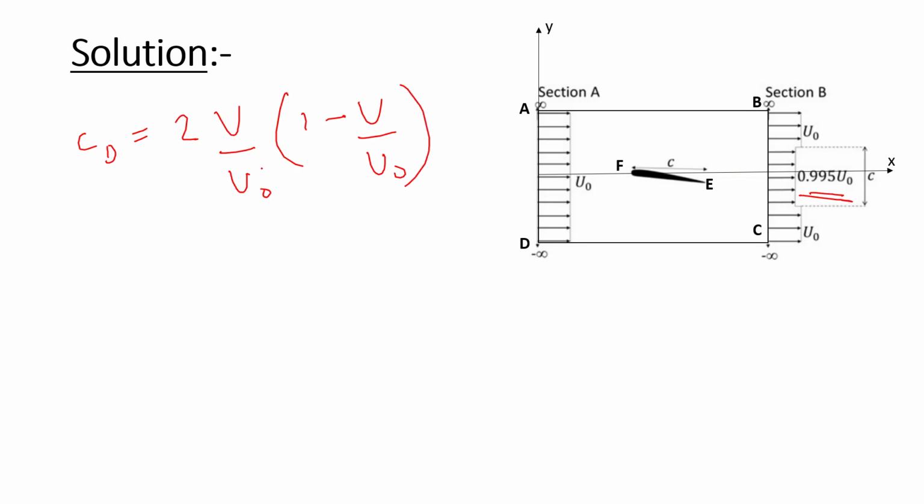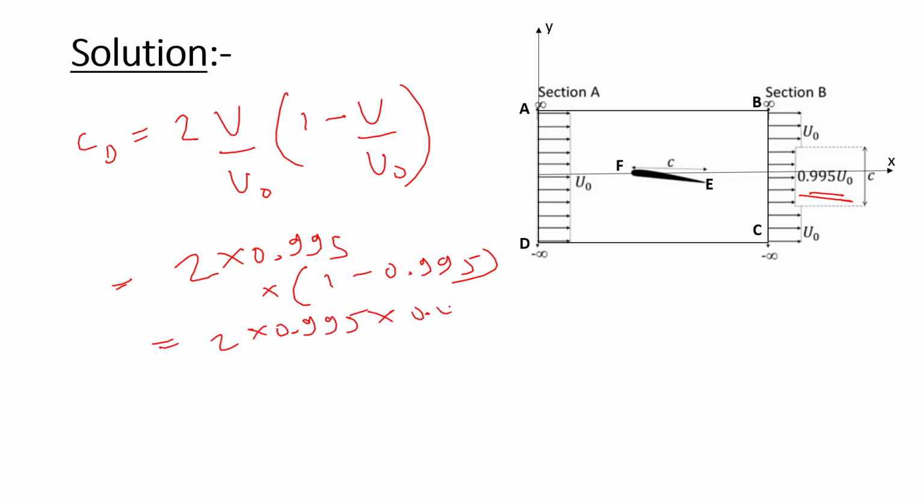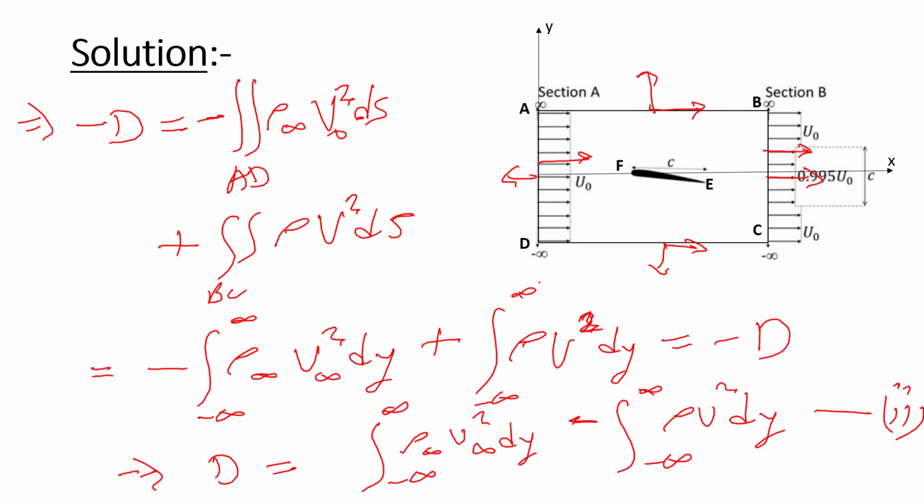We put the value of u, so it becomes 2 into 0.995 into (1 minus 0.995), which will be 2 into 0.995 into 0.005. So it will become 0.00995. We need result till 3 places in the decimal, so it will be 0.010. It will be the answer.